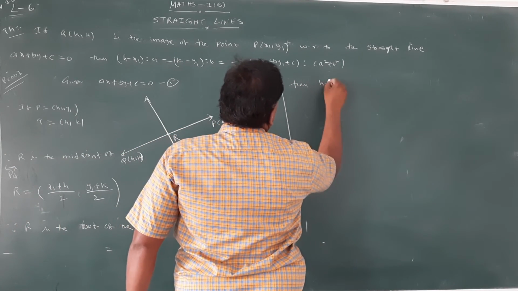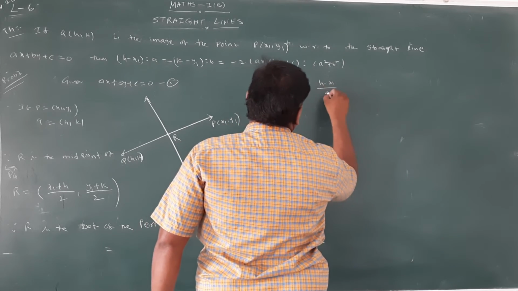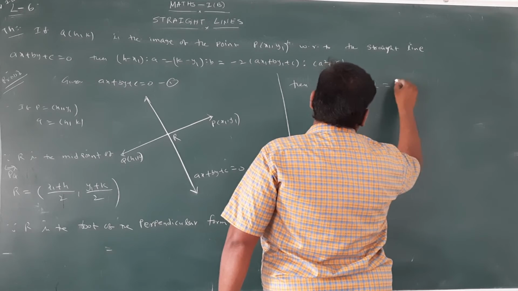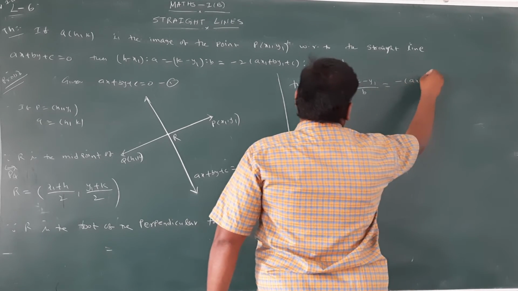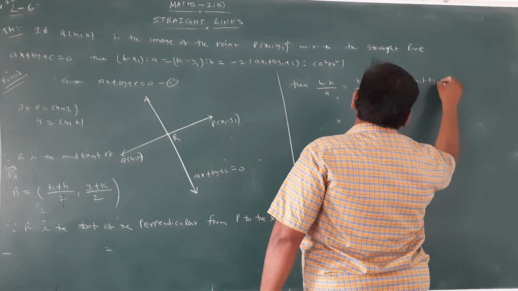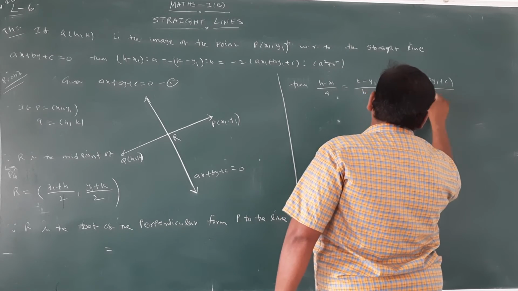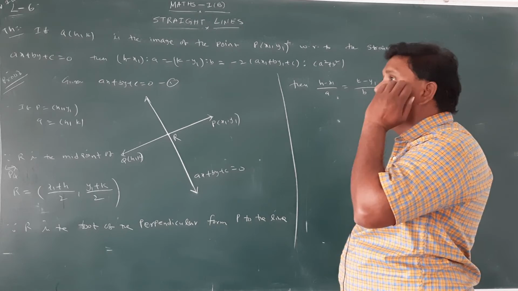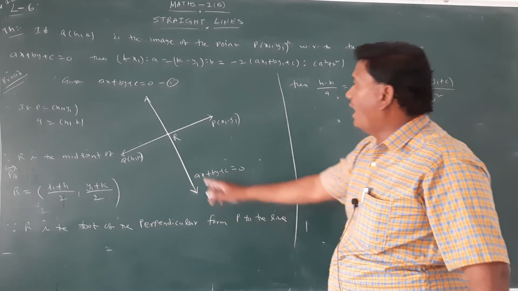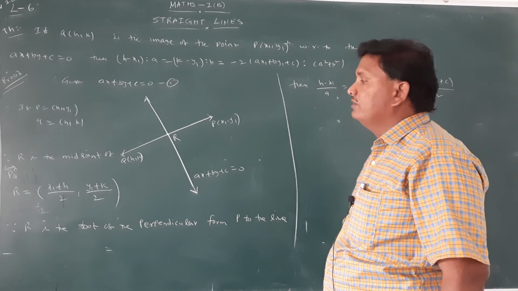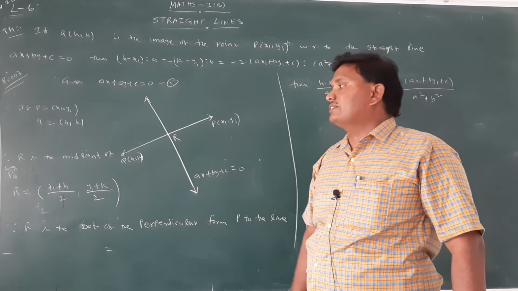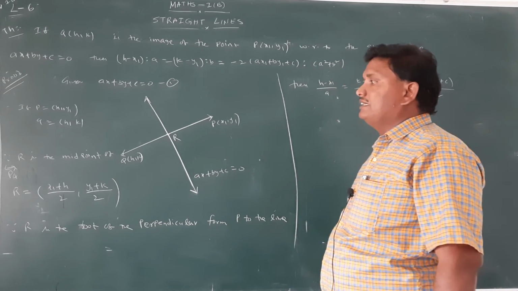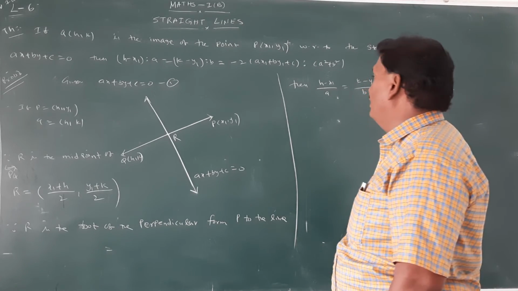Then (h − x1)/a = (k − y1)/b = −(ax1 + by1 + c)/(a² + b²). In the previous problem, (h, k) was the foot of the perpendicular. This is R, the foot of the perpendicular. What is the R value? ((x1 + h)/2, (y1 + k)/2). Replace h with (x1 + h)/2.